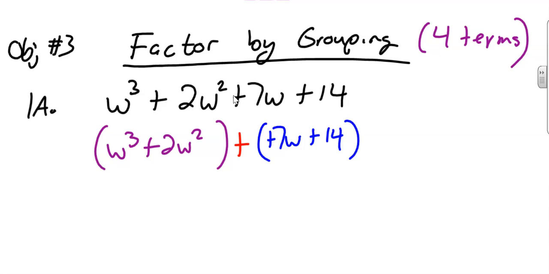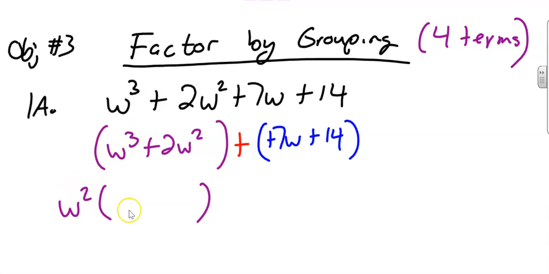So there's your first step. Again, break it up in 2 parts. First 2 terms together, last 2 terms together. And then what you're going to do is take the GCF of both of the two different pairs you have. So for this part, you've got 1 and 2. Well, if it's 1 and 2, then you know 1's going to be the only number you have. You've got W to the third, W to the second. So for this one, you could take out a W squared as your GCF.